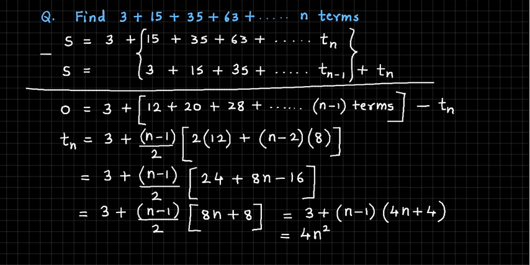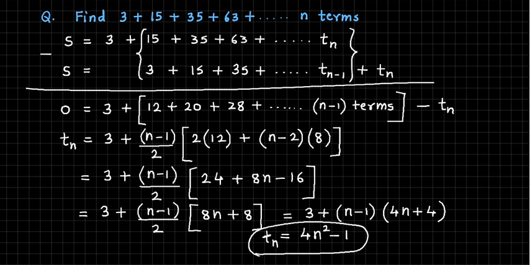As far as the constant term is concerned, that gives minus 1 into 4, which is minus 4, and when you club it with 3, you have 3 minus 4 as minus 1. So finally we get the general term Tn equal to 4n square minus 1. This is the expression for the general term.